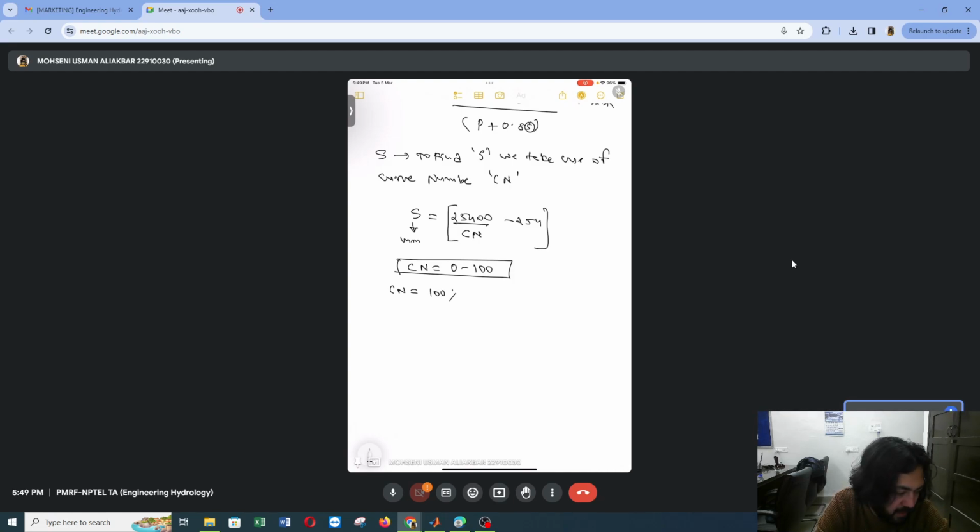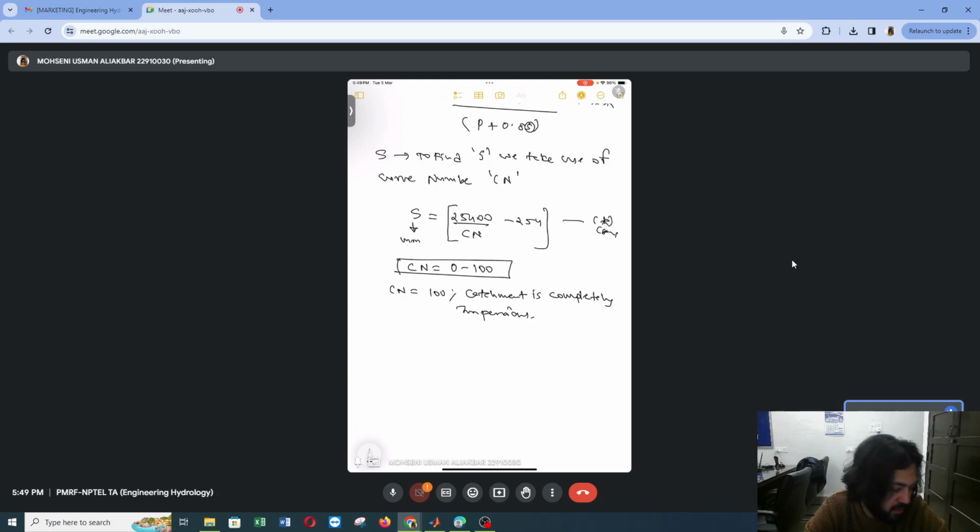When Cn is 100, it means that the catchment is completely impervious. If we substitute Cn as 100 in this equation, we'll get the value of S as 0, meaning there is no retention.